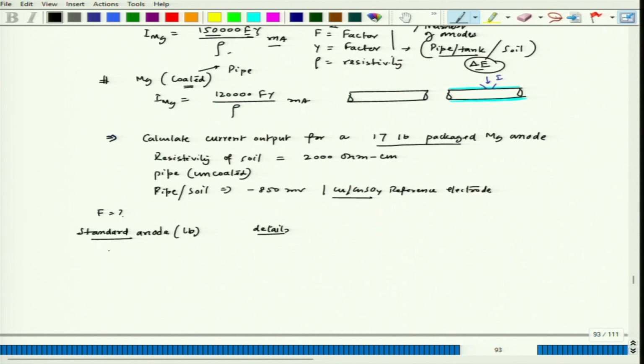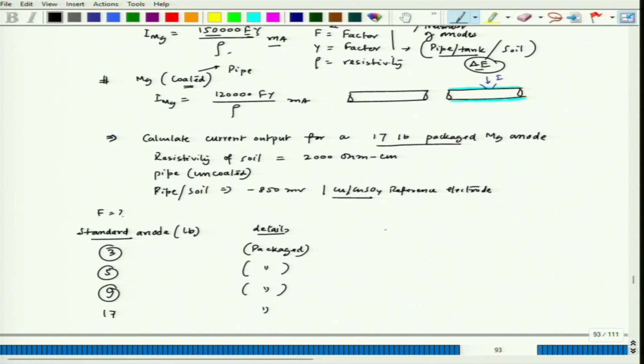So, if it is a 3 standard anode we are using, and if it is packaged, then we can use 5, then it is also packaged 5, then it is 9. Sorry, this is a standard anode, this is a single anode. So this is 3, these are basically the weight of a single anode. So this is again packaged, and 17 pound, this is also packaged.